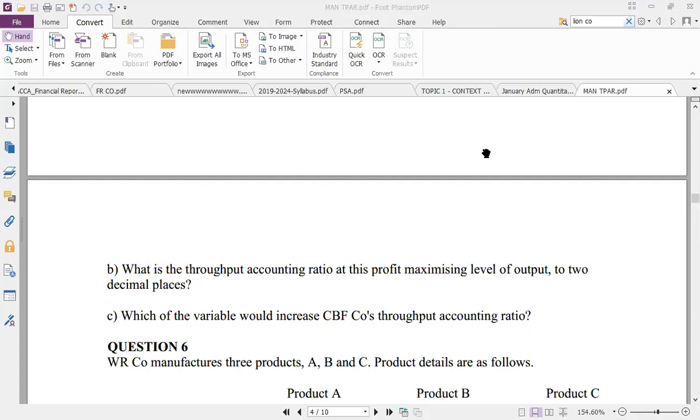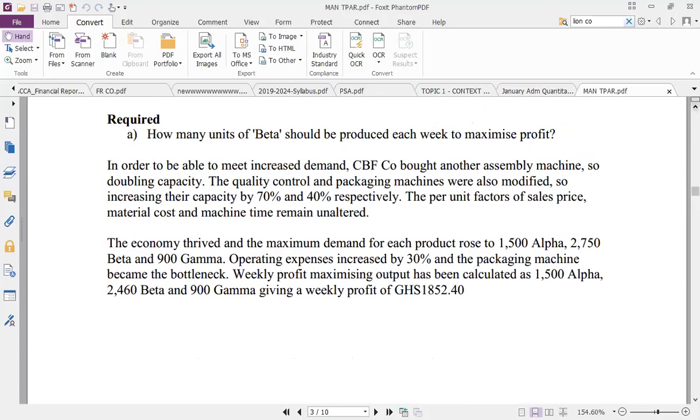So I think this question is before you in the exam. What do you do? Which of the variables would increase the company's throughput accounting ratio? According to the scenario, in order to meet increase in demand, the company bought another assembly machine, doubling the capacity.